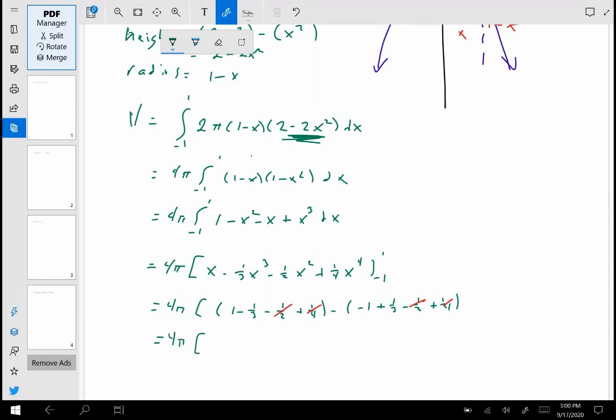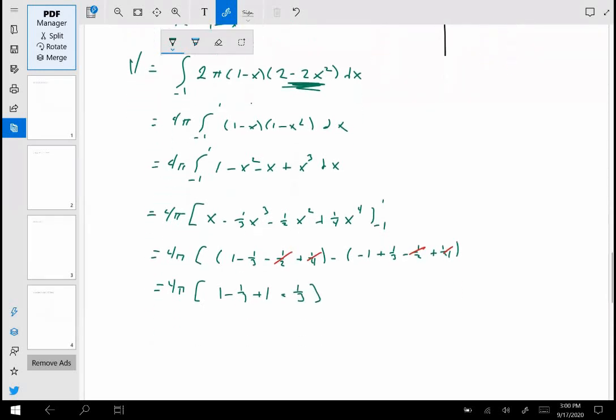Just looking at what kind of cancels out and what doesn't, all right? So that's going to be 1 minus a third plus 1 minus a third. So 2 minus 2/3. All right, let's see, hold on.